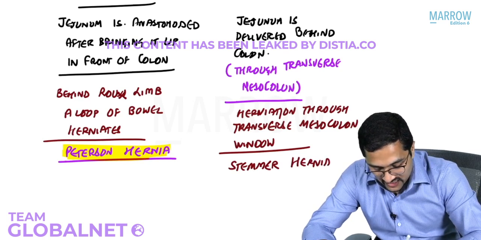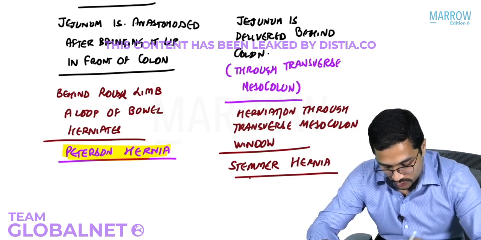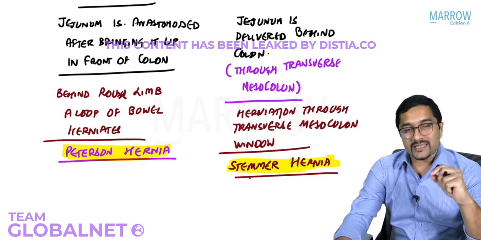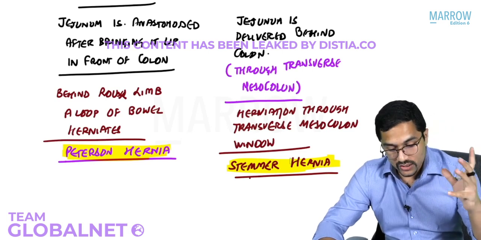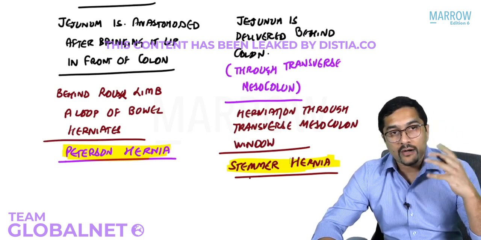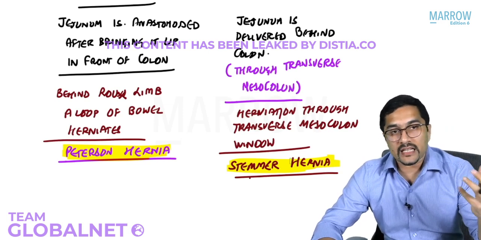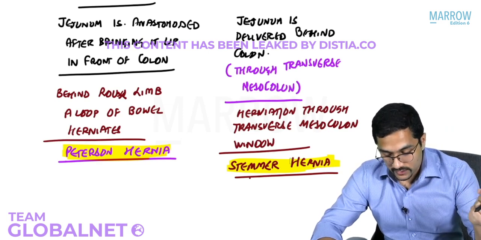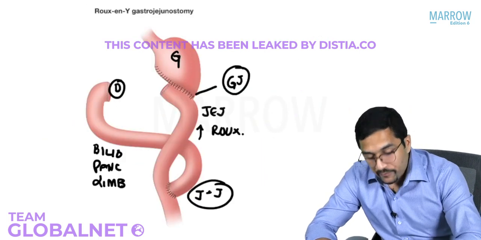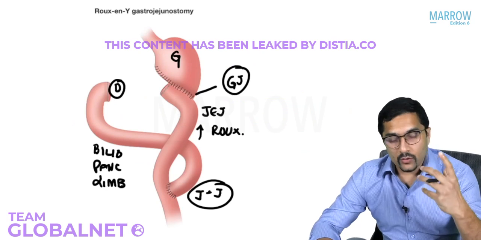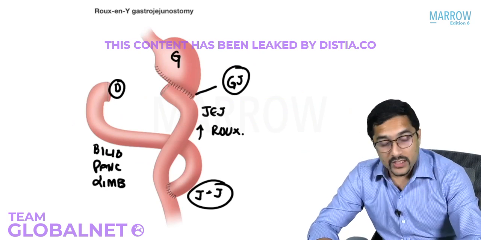So these are two internal hernias you should know about. Stemmer's and Peterson's, both are associated when we carry out the Roux-en-Y gastrojejunostomy. I've told you how they manifest, and I've told you about anticolic and retrocolic anastomosis. Okay, so this was your Roux-en-Y gastrojejunostomy and the anticolic and retrocolic anastomosis which are done.